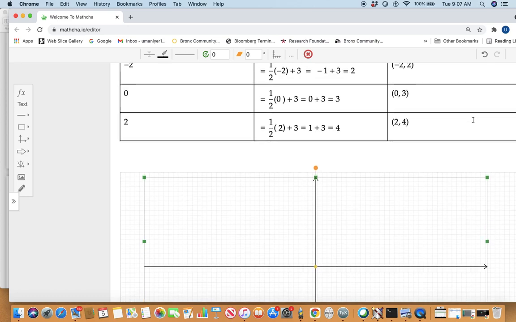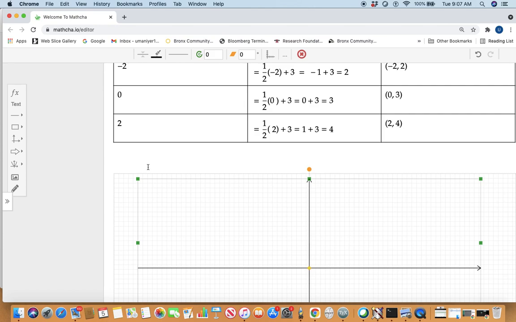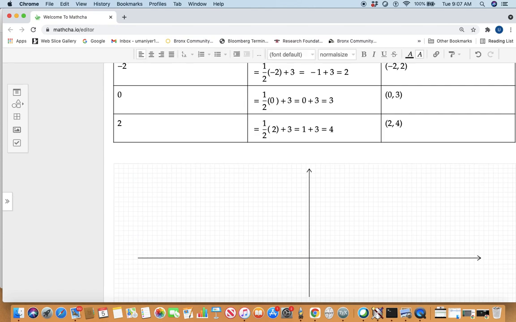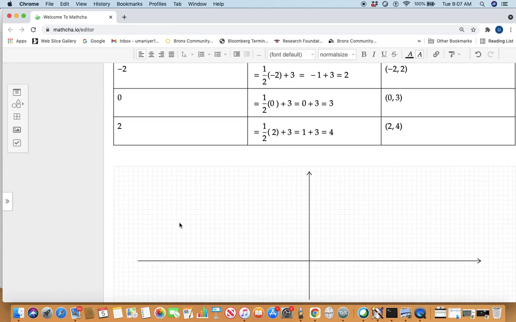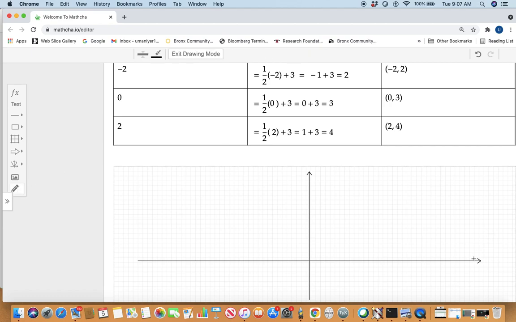Alright, so x coordinate is -2, y coordinate is 2. So let me get x coordinate, y coordinate. The first point is x coordinate is -2 and y coordinate is +2.